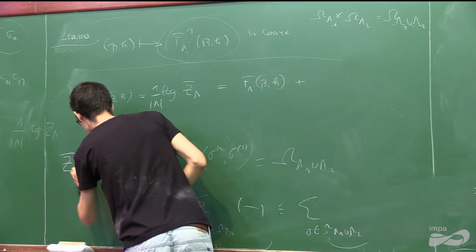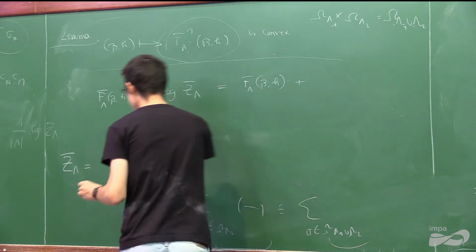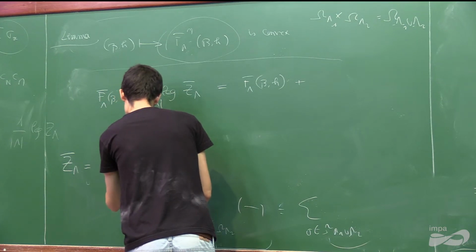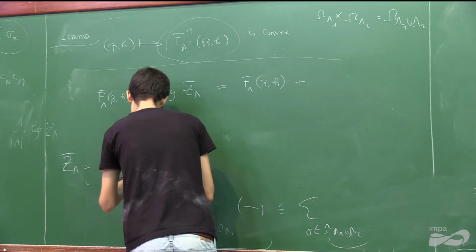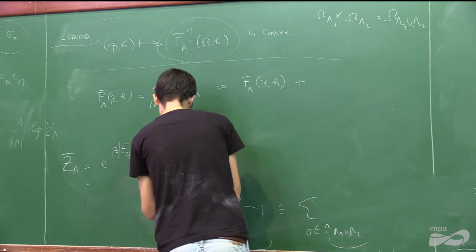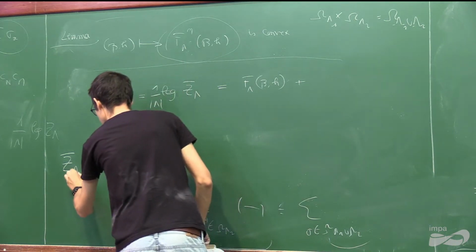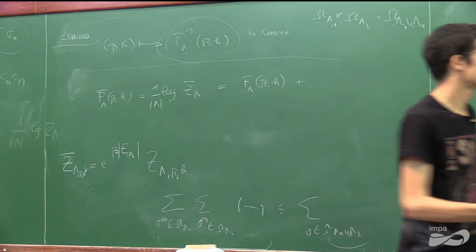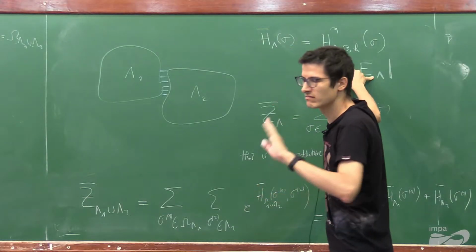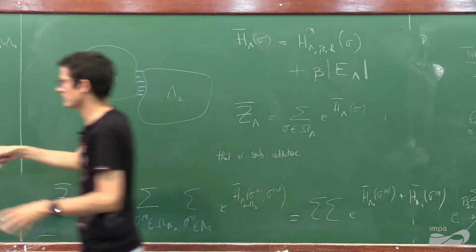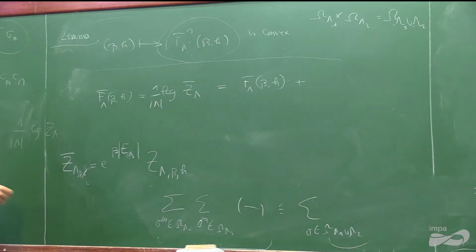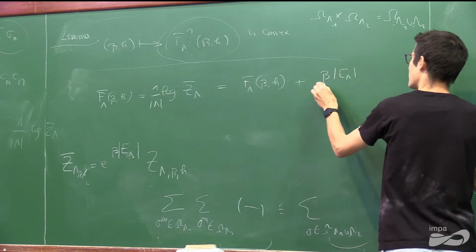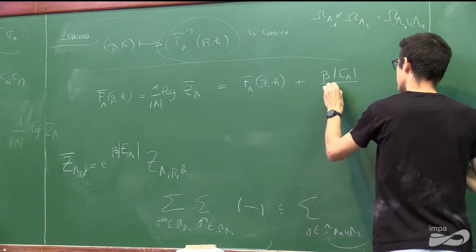What we have is that z lambda, just by definition, is equal to exponential beta e lambda times z bar lambda. Okay, I've just changed the Hamiltonian by this amount. I get this for every configuration, so I can just factorize it. So when I take the log, what I get here is beta times the cardinality of e lambda divided by lambda.